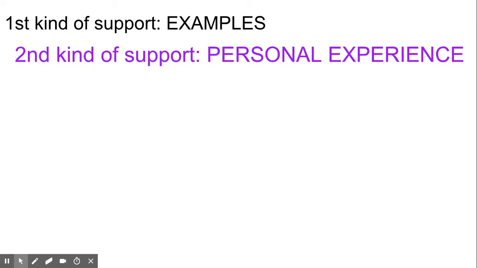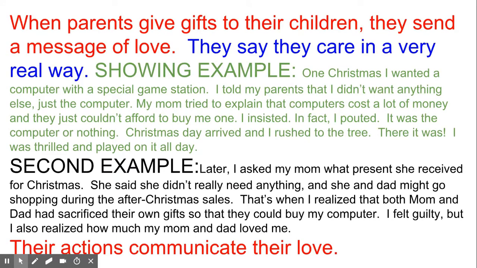You can think of examples in the world similar to that first modeling paragraph, the example of being at a movie that may be inappropriate and what decision the person would make. But you can also use personal experience. That's the second kind of support. Let's have a look at that.